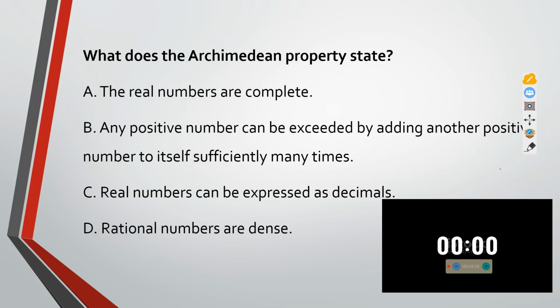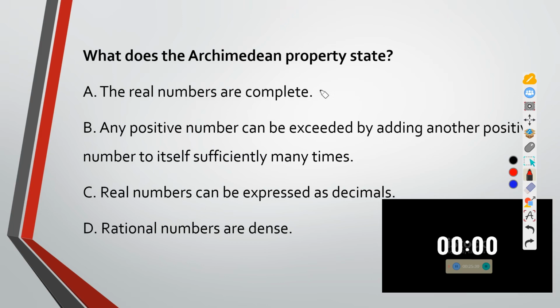So what does the Archimedean property state? The Archimedean property is a fundamental axiom of the set of real numbers, ensuring they behave with respect to size and infinity. Looking at the options, the first says real numbers are complete.